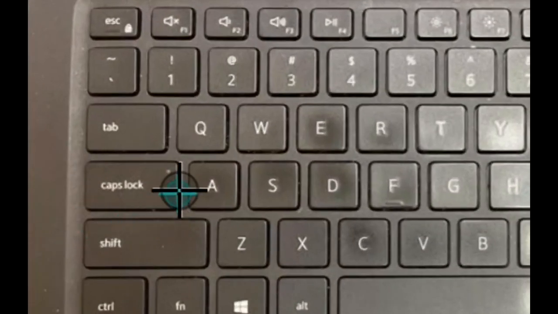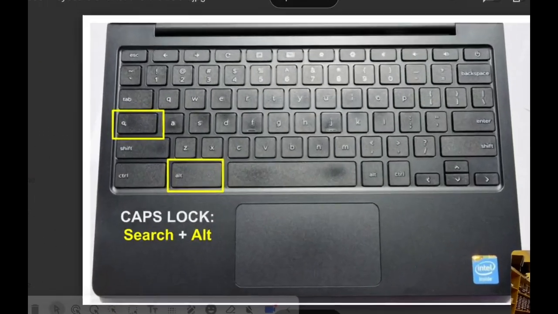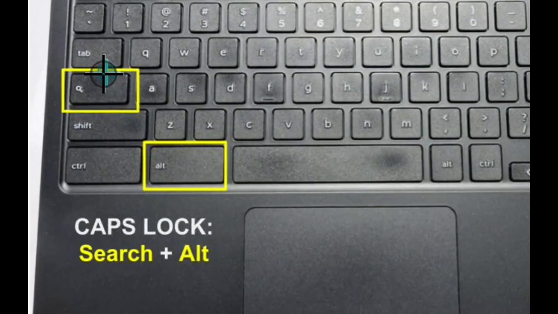And while we all know that Windows machines have a caps lock key, a Chromebook does not. So for caps locks, you would use the search button and Alt. So if you click search Alt, this will toggle on caps locks on a Chromebook, and then you'd use search Alt again to turn off caps locks.